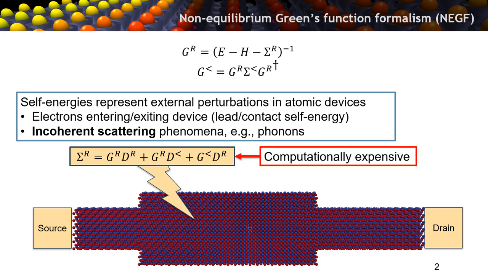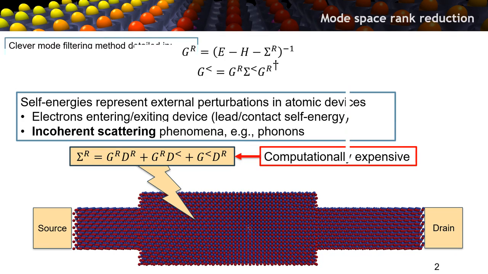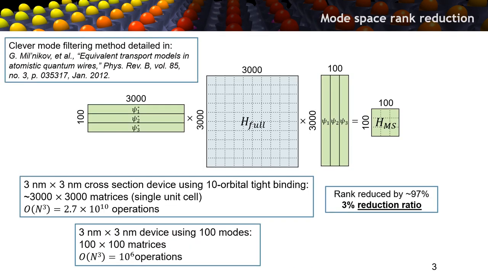An often encountered issue in these simulations is that they're very computationally expensive. In this work, we use a clever mode filtering method detailed in this paper, often called a mode space basis reduction. This mode space method can reduce the rank of the matrices used in the NEGF method down to a single percent of the original matrix rank.